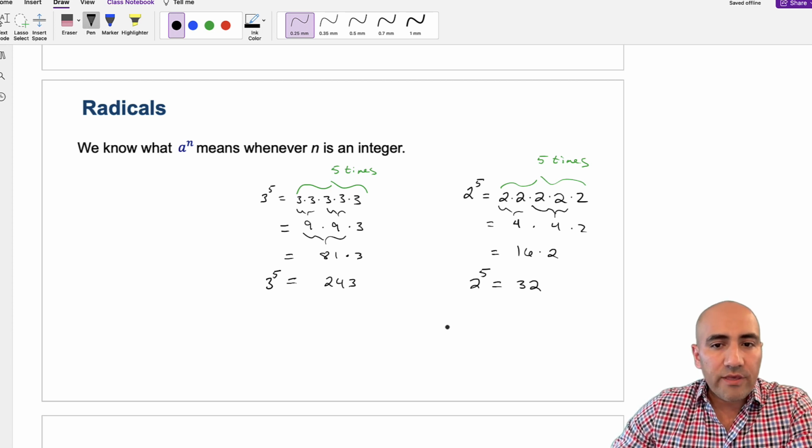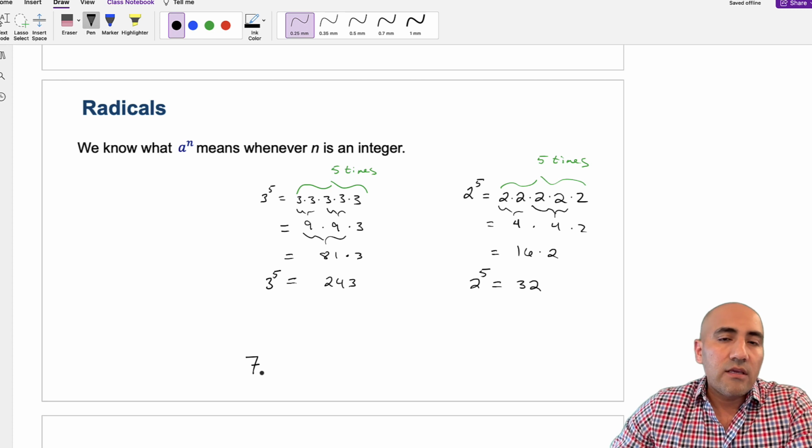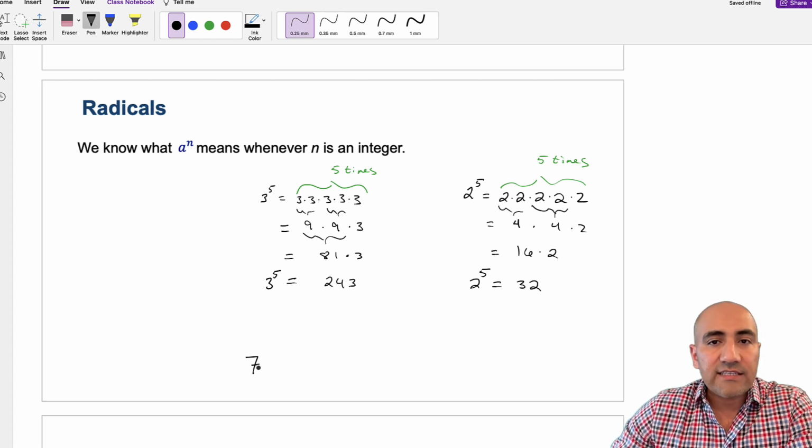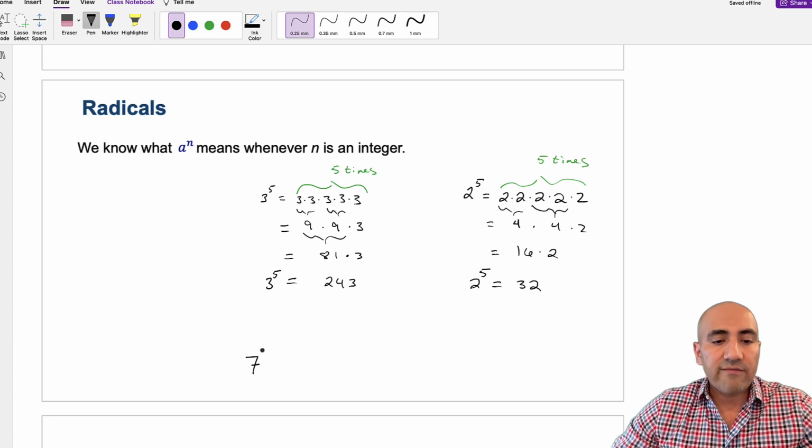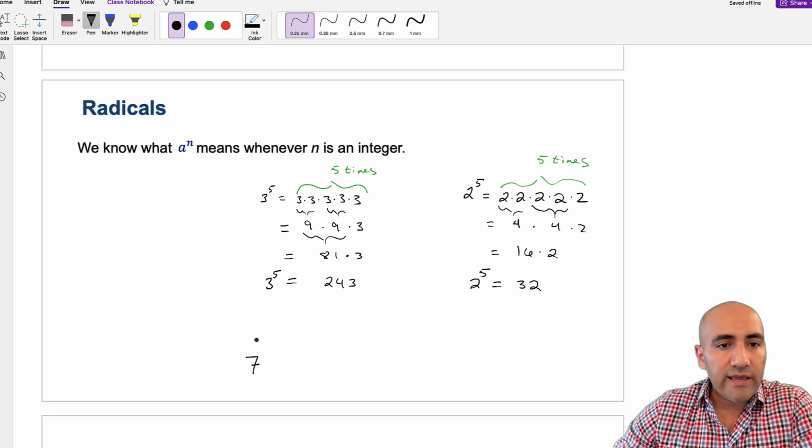Okay, so hopefully we're familiar with cases where we have some base number. Initially, we deal with nice whole numbers as a base. So 7 to the power of 2, that's 7 times 7, or 7 to the power of 3, that's 7 times 7 times 7. Hopefully everything is fine when we have an integer value.